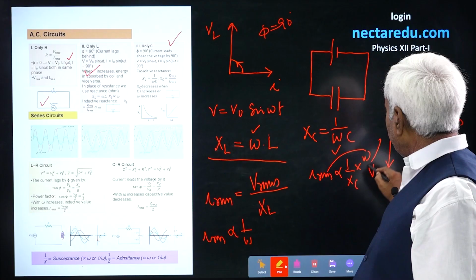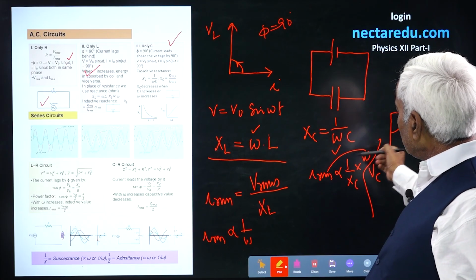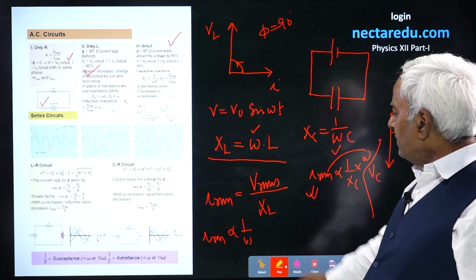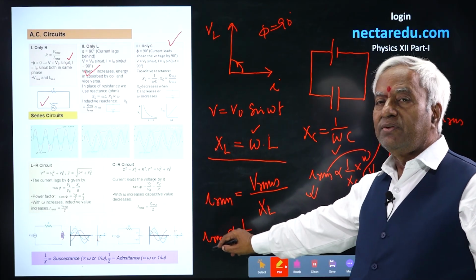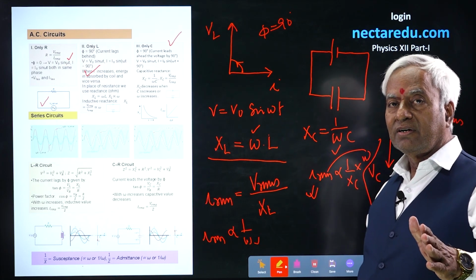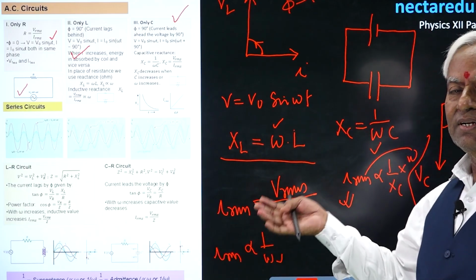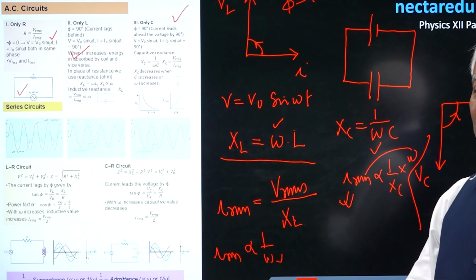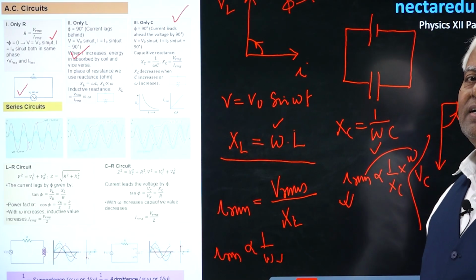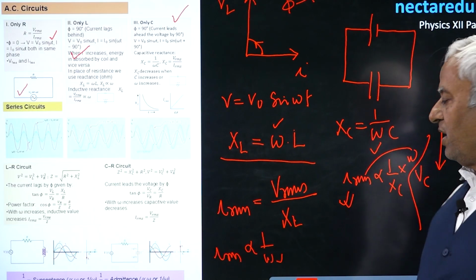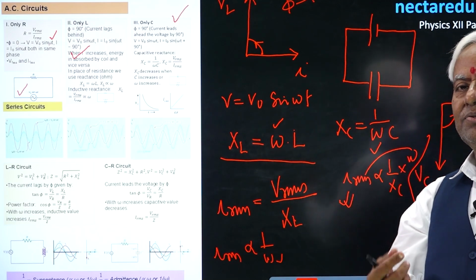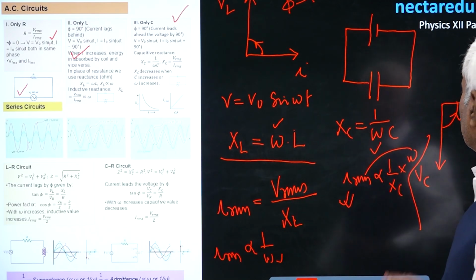You see, the difference here is that by increasing frequency, you have an increase in current; in the coil, by increasing frequency, you have a decrease in current. You have to remember it by heart. What is inductive nature and what is capacitive nature? When a frequency increase results in a decrease of current, this is inductive nature. When a frequency increase results in an increase in current, this is called capacitive nature.